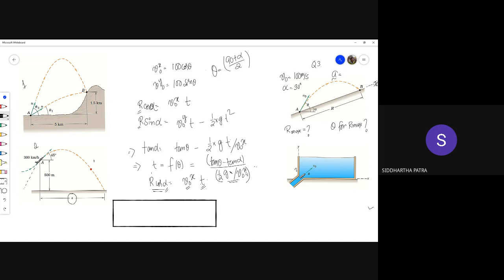Is this how you are getting it? V0, no. One problem. V0x is V0 times cos theta. So V0x is not a constant.